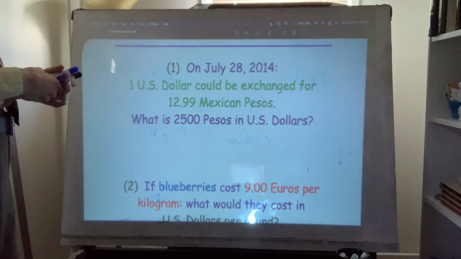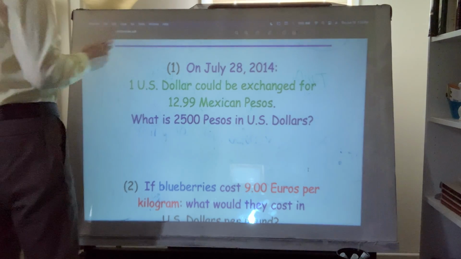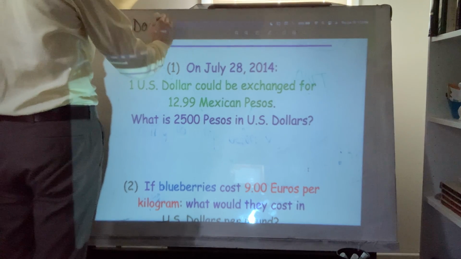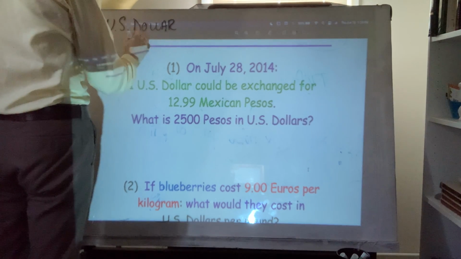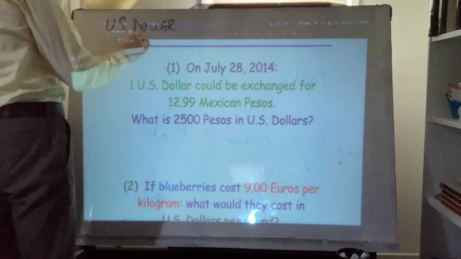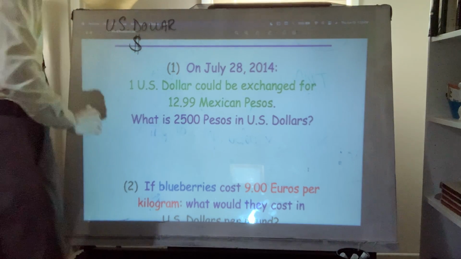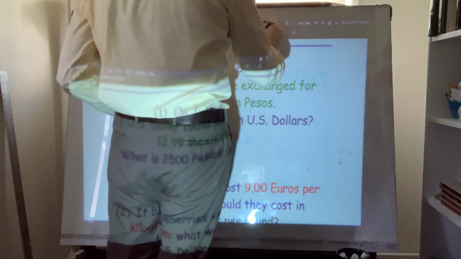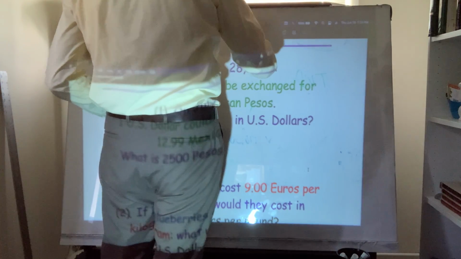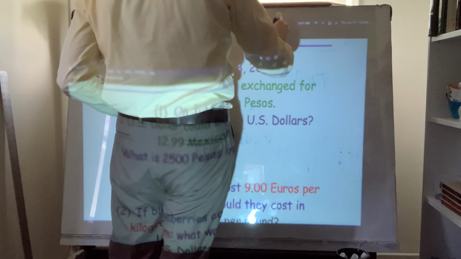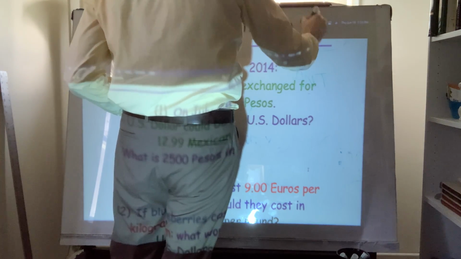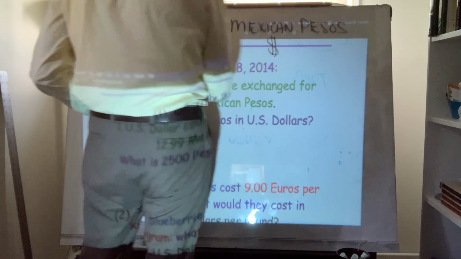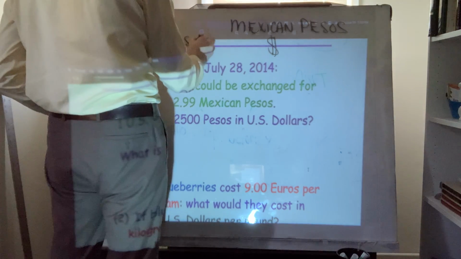Interestingly, the US dollar is symbolized by the S with the 2 lines through it, right? But pesos, my understanding is, uses the exact same symbol, appropriately, because they're both derived from the Spanish dollar.